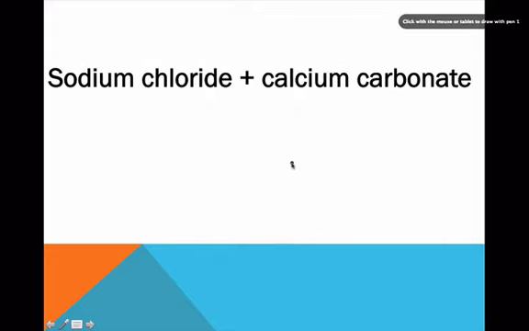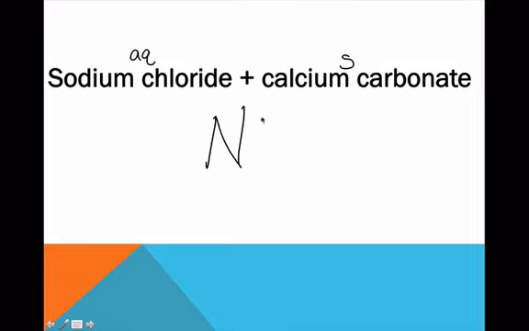Okay, this last one, I would recommend you try first. So pause it, you try it, and then see how you did when I go through it. Sodium chloride is aqueous. Calcium carbonate is a solid. So I'm hoping you didn't get very far when you tried this because you ran into a solid here, which tells you that this is automatically a no reaction because both your reactants have to be aqueous in order for this to work.